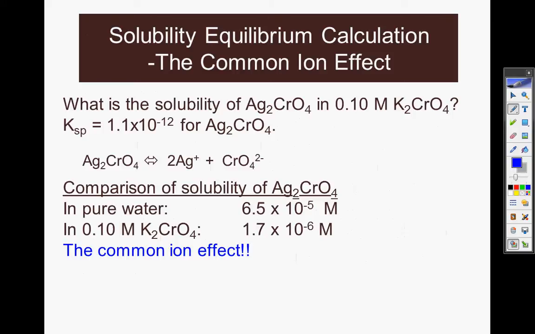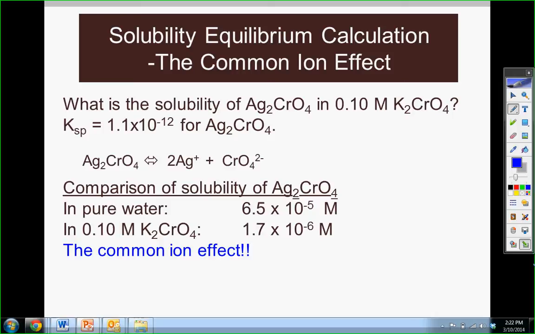Okay. What is the solubility of silver chromate in a 0.10 molar solution of potassium chromate? All right, so take a look. What happens here? So my normal Ksp value for silver chromate is 1.1 times 10 to the negative 12.